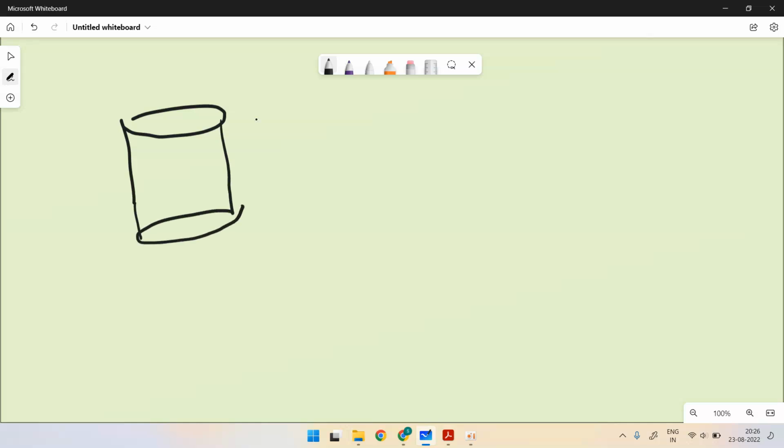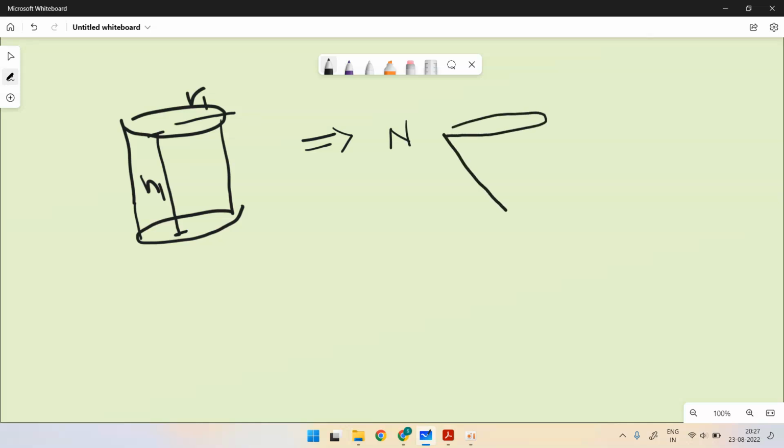Cylinder, this is r1 given, this h is given, you can say h1. We form n number of these cones. This is r2, h2, and this is a hemisphere. This is an ice cream softy.